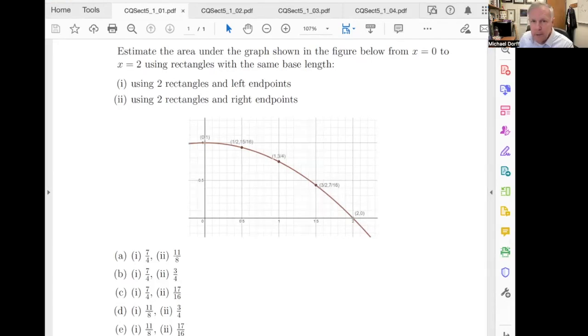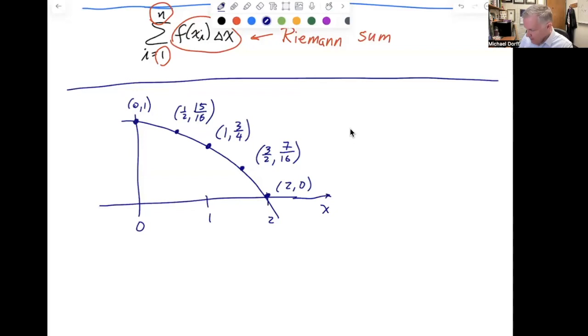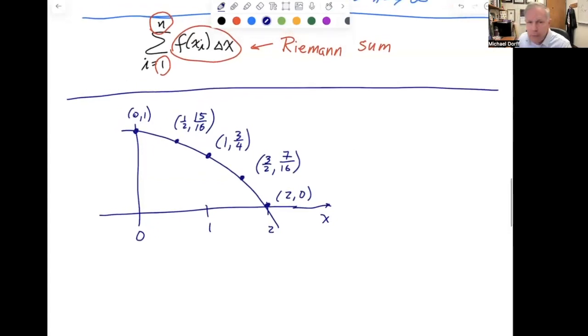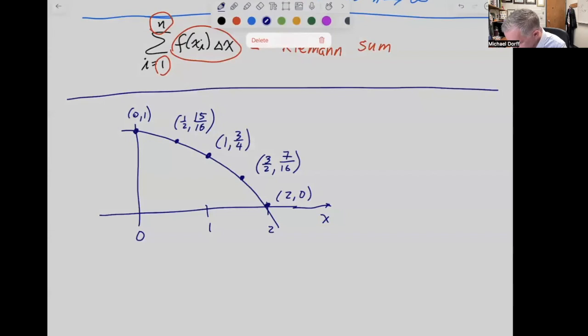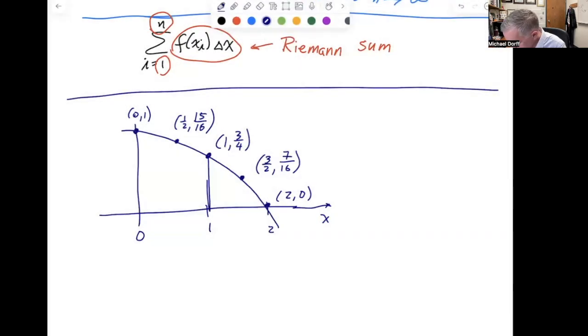All right, here you can see a reproduction of the graph. We're supposed to use two rectangles and the left endpoints. I'm going to have a purple rectangle here and a green rectangle.